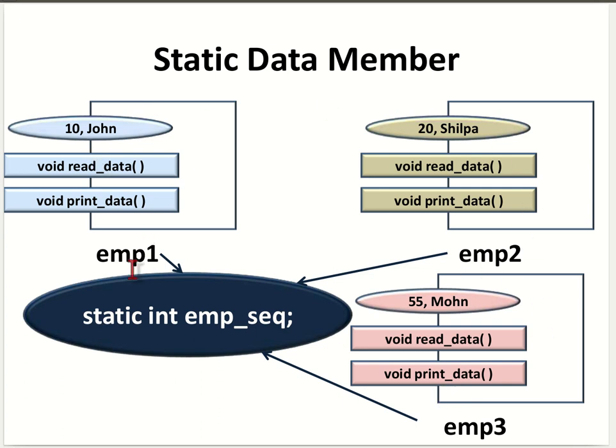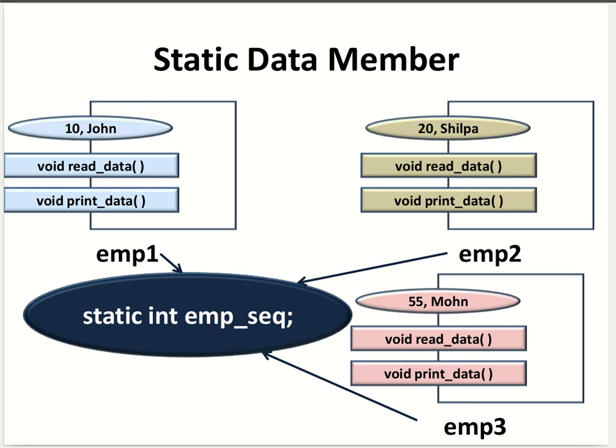If you refer to emp1.emp_sequence, emp2.emp_sequence, emp3.emp_sequence, it will produce the same result. If I update emp_sequence through any of these objects, this value will be updated and the latest value will be there for that emp_sequence.